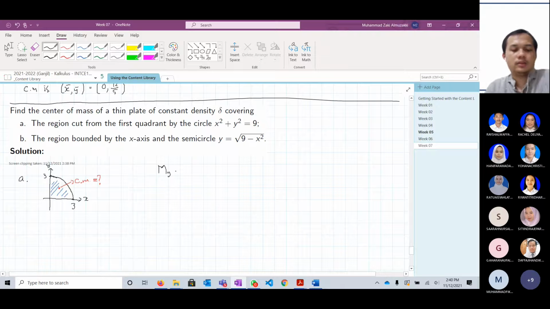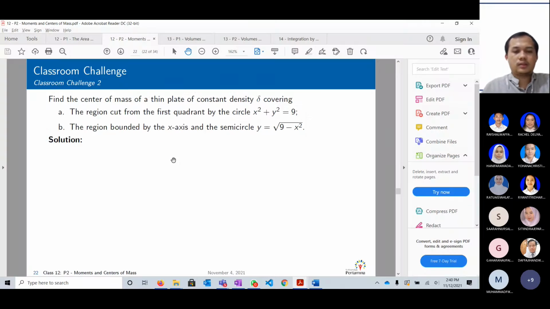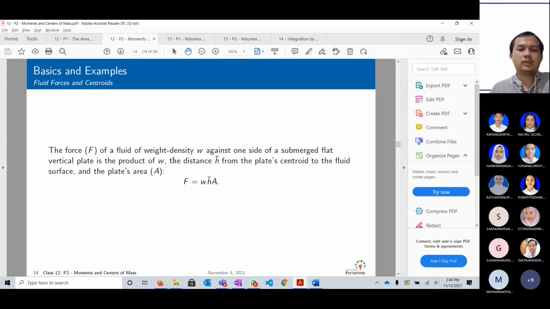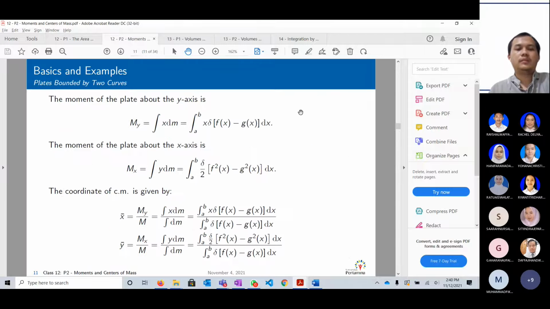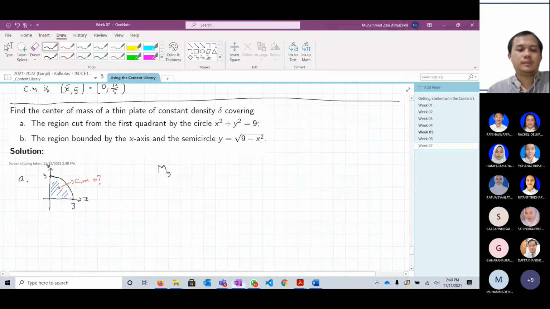Then in this case, first moment about the y-axis. Yeah, we return to this equation. Moment about the y-axis, my is this formula.